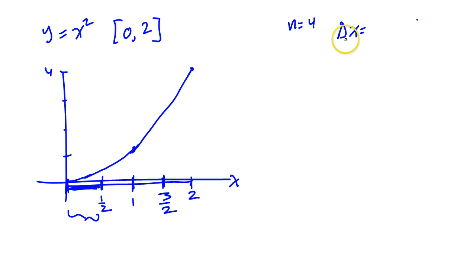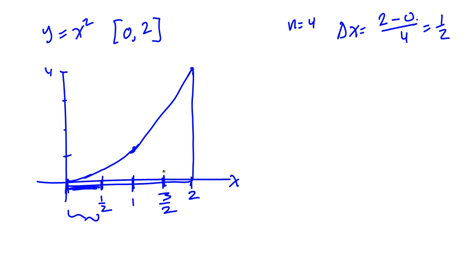Delta is often used to indicate a change, so the change in x from one x value to the next is the total length, 2 minus 0, divided by 4, and that's a half. And so there I can get my x values that way. Starting at 0, move over half, another half, another half, and another half, and you got those x values.